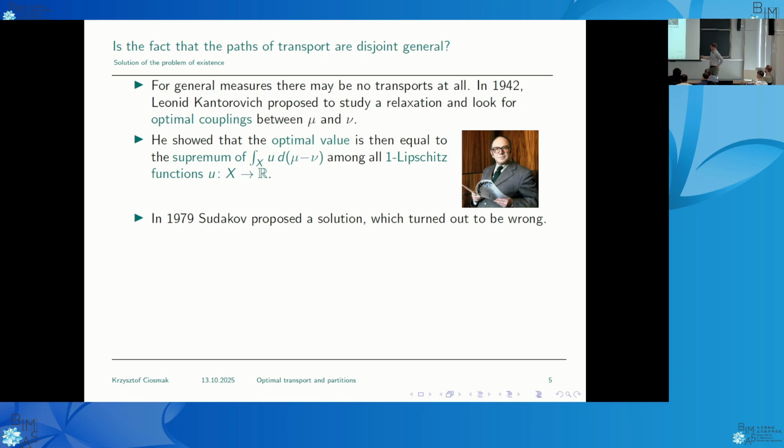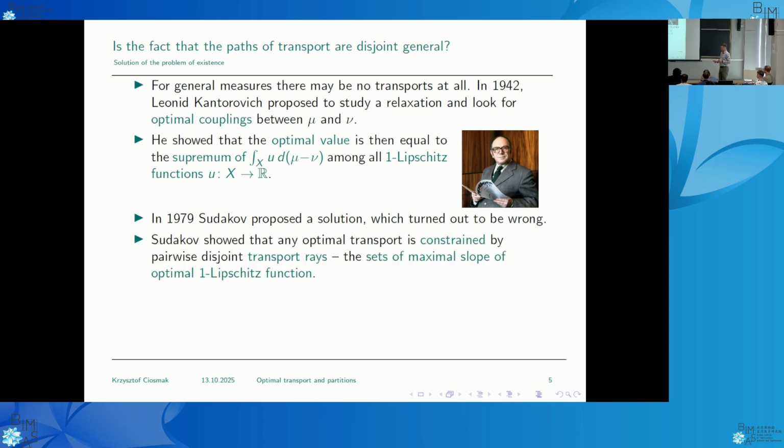The contribution of Kantorovich and Rubinstein of identifying the supremum as the dual problem was used by Sudakov in 1979 to propose a solution to the problem, which unfortunately turned out to be wrong. It was spotted by Ambrosio that there is a flaw in his argument, but still it was a substantial contribution.